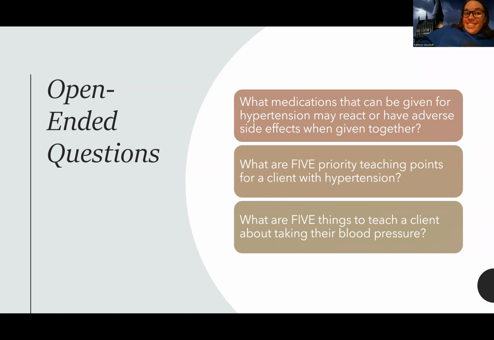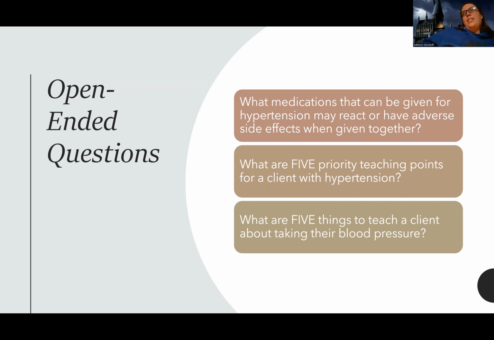Anyway, what medications that can be given for hypertension may react or have adverse side effects when given together? This is something I can't do in one sitting, but you want to think about a lot of things. We haven't even talked about digoxin yet, but digoxin interacts with potassium. So any of the ones that interact with potassium, like ACE inhibitors, potassium sparing diuretics, or loop diuretics or potassium wasting diuretics, all those can interact with digoxin.